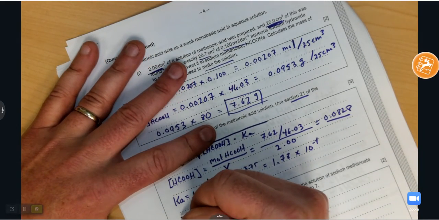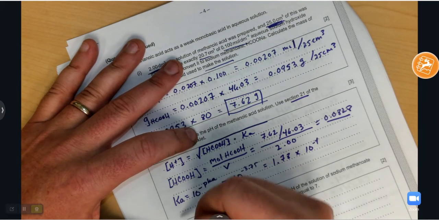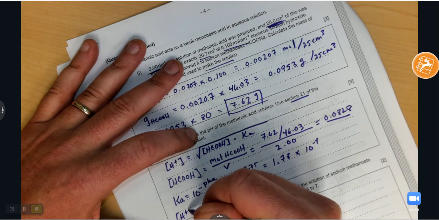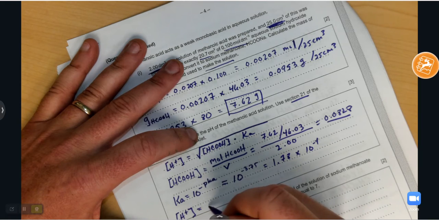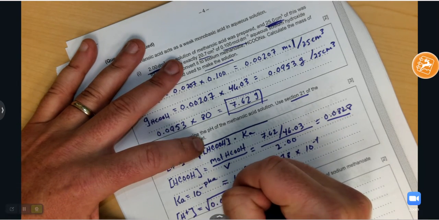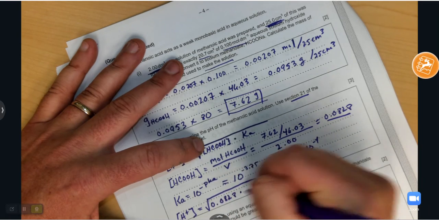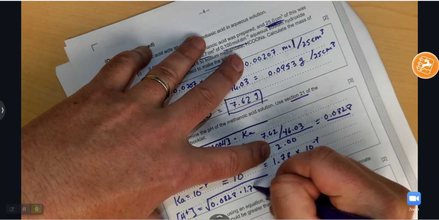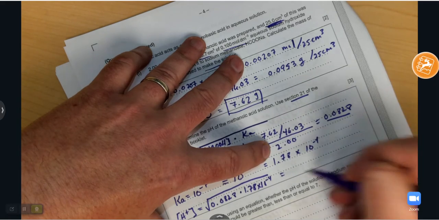So now I just need to take the negative log of the hydrogen ion concentration. The hydrogen ion concentration is going to be the square root of 0.0828 times the Ka value, which is 1.78 times 10 to the negative 4th.